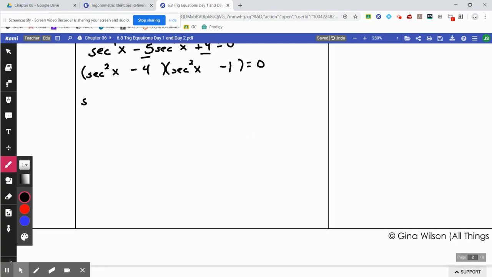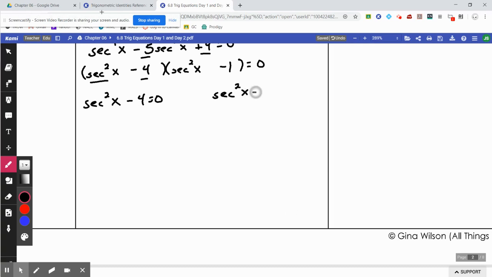Let's factor again. You can do difference of squares here and turn that into secant x minus 2 and secant x plus 2. It factors into conjugates. But we know once we hit quadratic, we can actually use those other methods. We can just isolate this by taking a square root, and it's actually going to be a little bit easier.